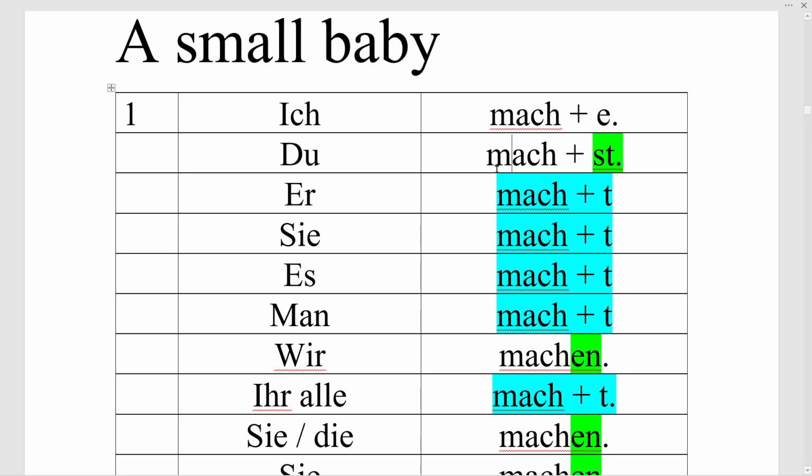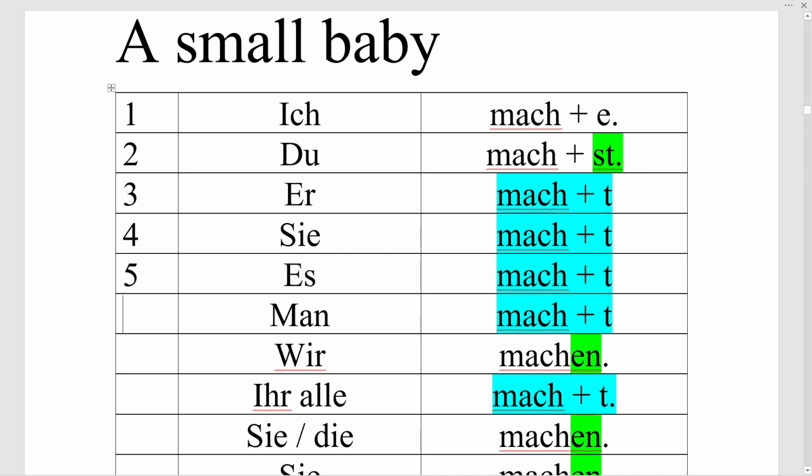But this is what we've done so far. Ich mache is number one. Du machst means you do. Er macht means he does. Sie macht means she does. Es macht means it does.